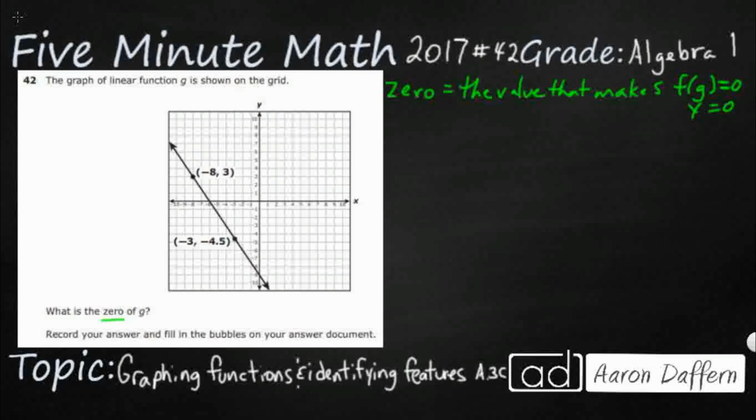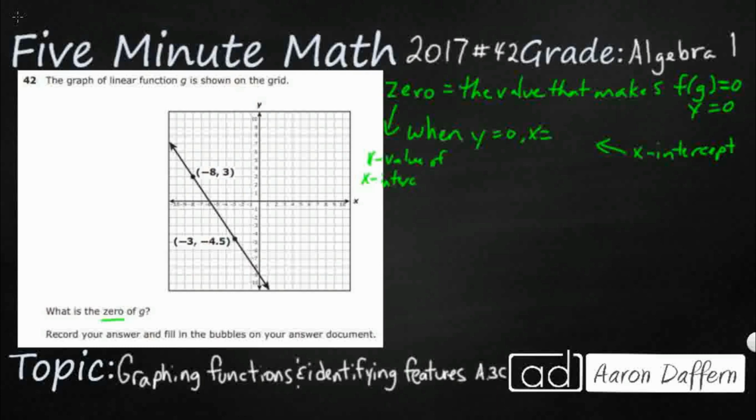So when y is 0, what does x equal? Really we're looking for the x-intercept. It's the x value of the x-intercept. So that's also a shortcut to think of this 0: the x value of the x-intercept.